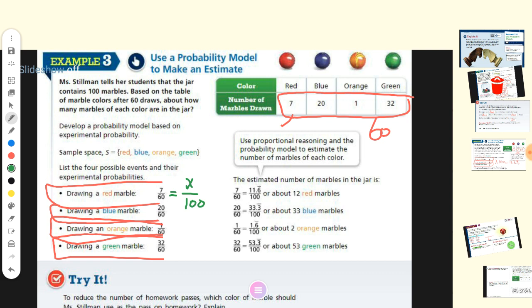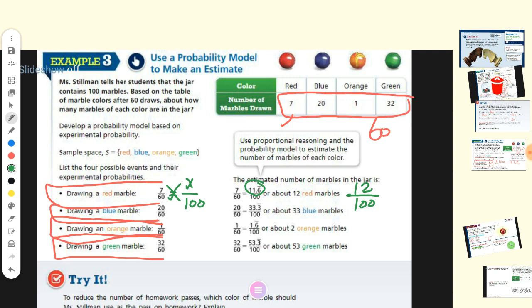Cross multiplication, so x equals 7 multiplied by 100 divided by 60. It will be about 11.6. So it's about 12 marbles, we can say. So the probability is 12 out of 100. This is for the red one.